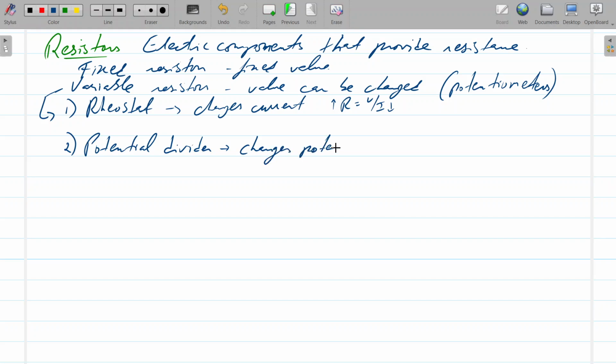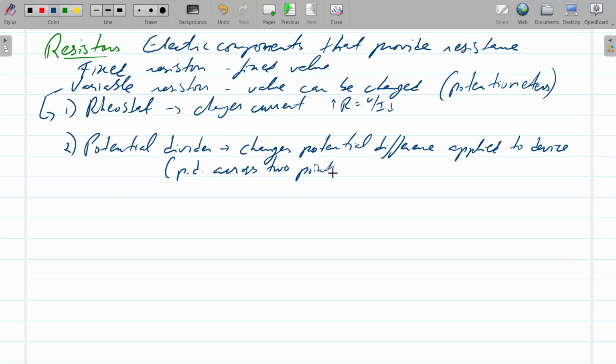This changes the potential difference applied to a device. Right, so basically the potential difference across 2 points of a circuit. So there are two ways resistance can be used, right?